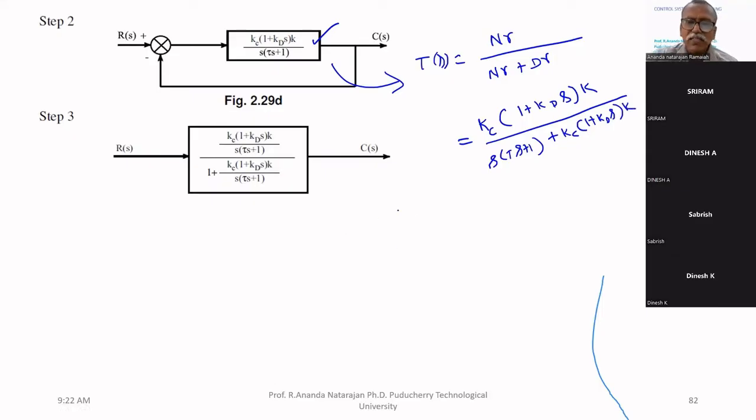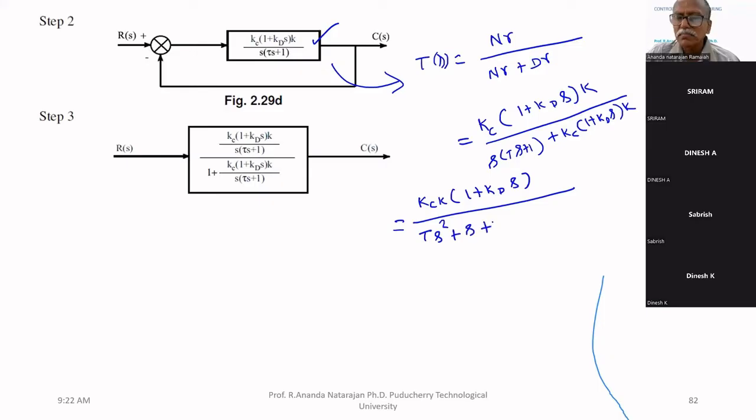If you simplify further, what you will get is KC K times 1 plus KDS upon tau S square plus S plus KCK plus KCK KDS.